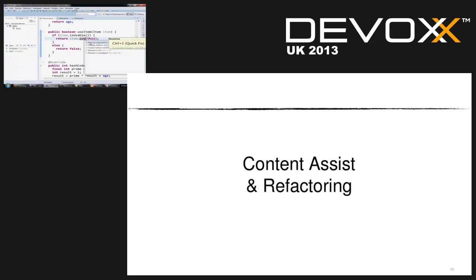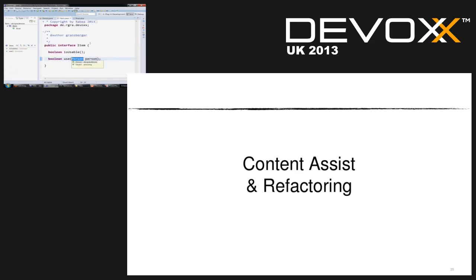And I can use a quick fix again to quickly change the method to use a person parameter. And then I can use Ctrl+T to have a quick type hierarchy of my Item class, and I will move to the Boat class and quickly fix the person parameter.